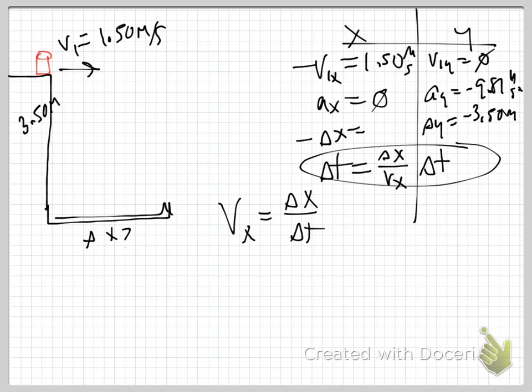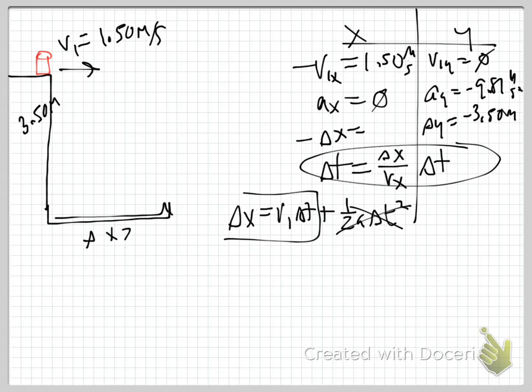Somebody looked at this the other day and said, well, delta x equals v_i delta t plus 1/2 a delta t squared. Well, a sub x is 0, so that goes away. Hey, we've got the same thing there. So you can come at that from either direction. These equations are all related. But I'm typically using that one.